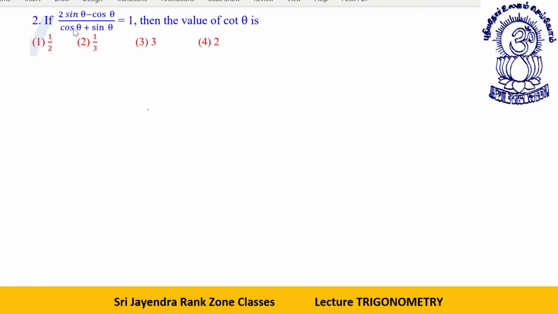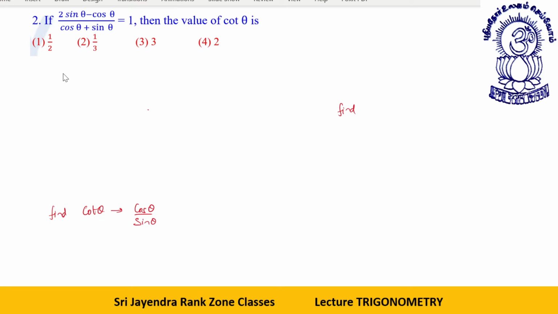Now question 2. If 2 sine theta minus cos theta upon cos theta plus sine theta is equal to 1, then the value of cot theta is, first of all, what do we need to find? We need to find cot theta. Cot theta is what? Cos theta by sine theta.